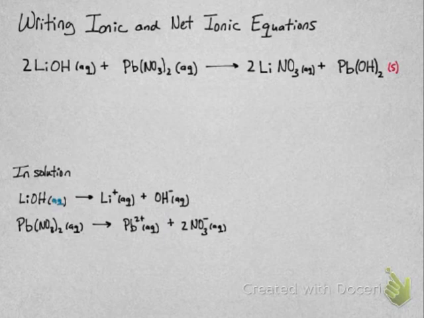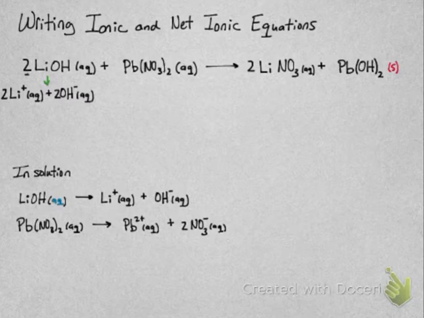So we can represent this in our equation above. We can go ahead and represent the lithium hydroxide as the free ions, as shown, and do the same thing with the lead nitrate.